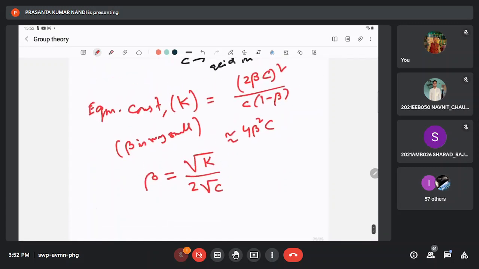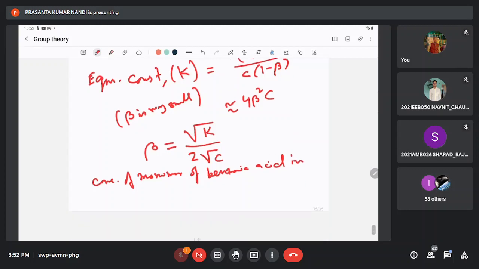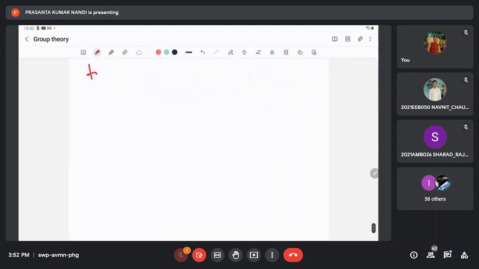the concentration of monomer of benzoic acid. Concentration of monomer of benzoic acid in toluene, we are discussing toluene, right?